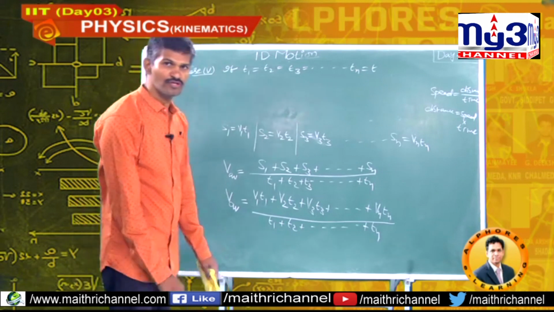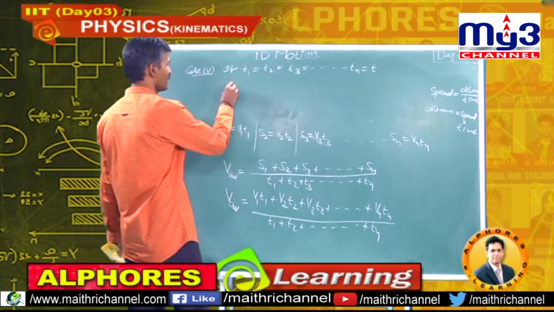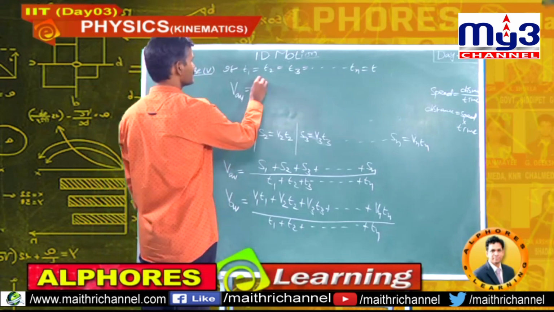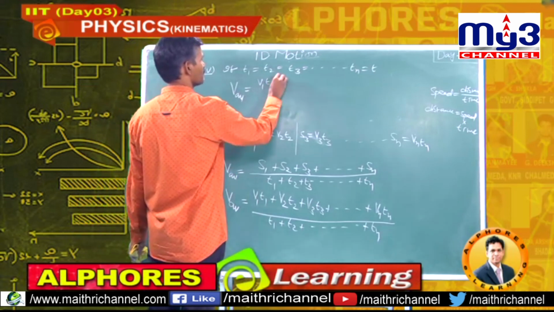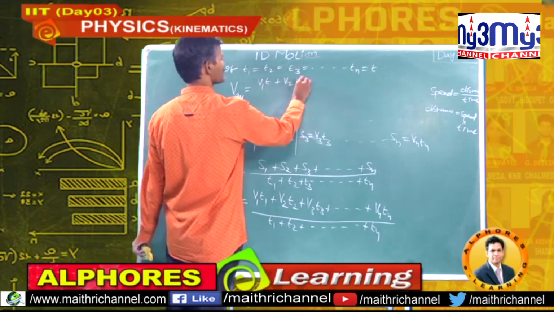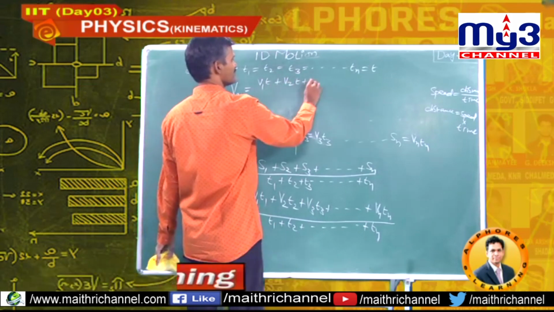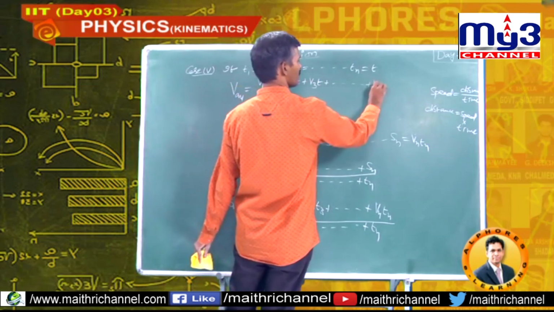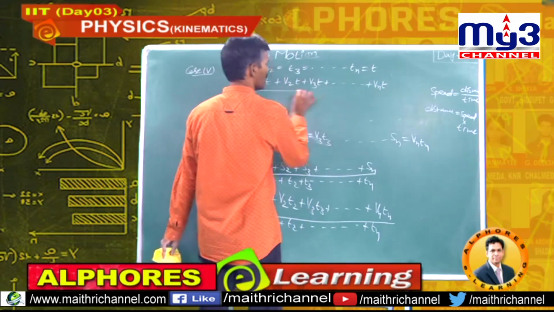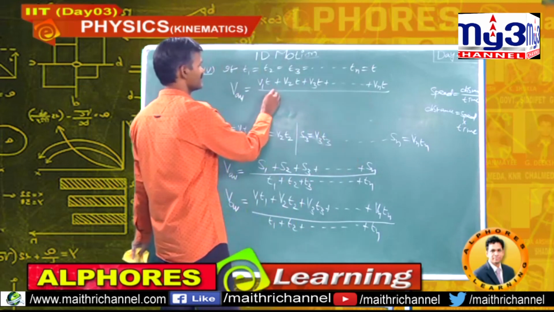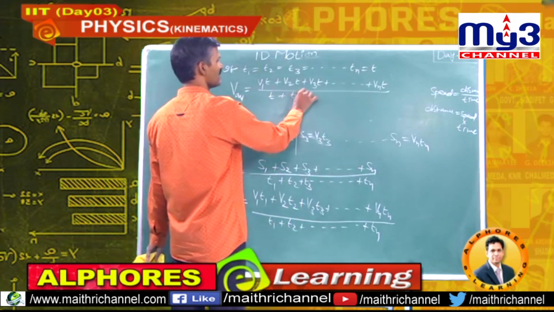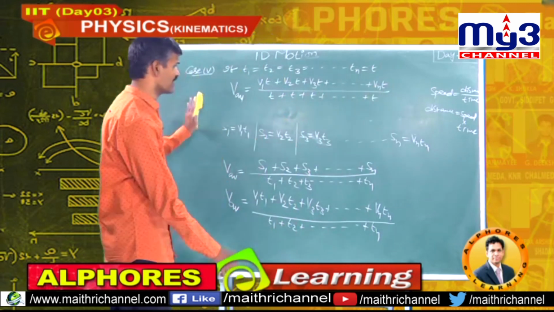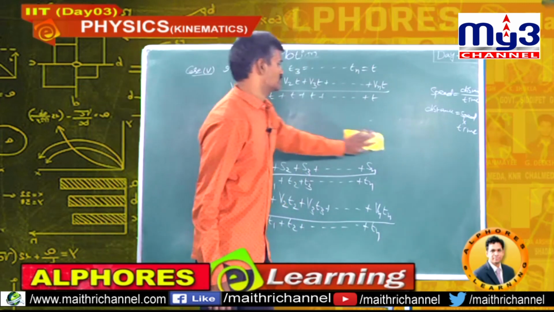In such a case, our average speed is V1t plus V2t plus V3t plus and so on plus Vnt, divided by t plus t plus t and so on plus t. Okay. Students, are you following?